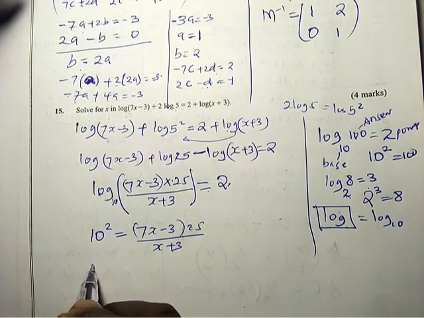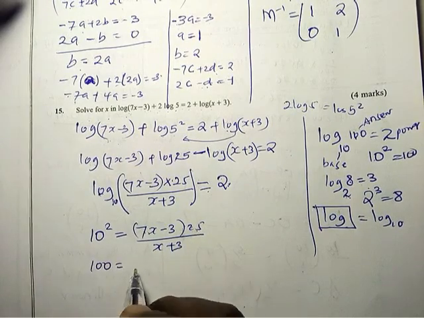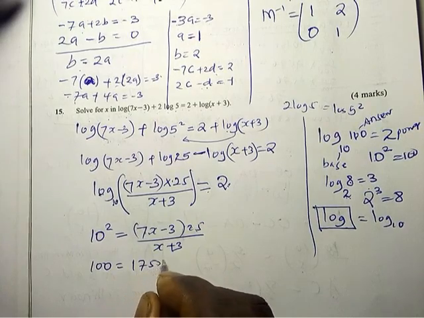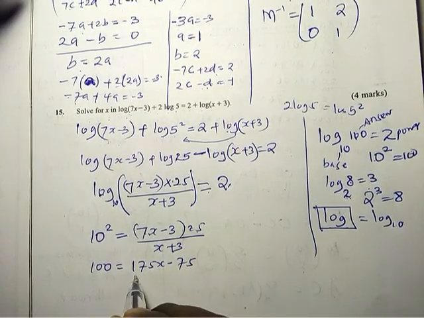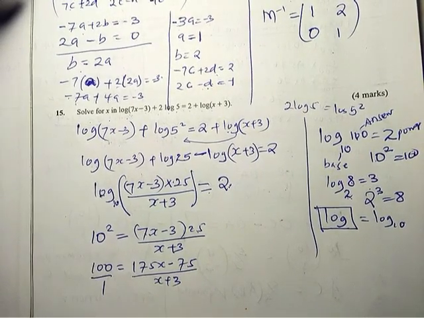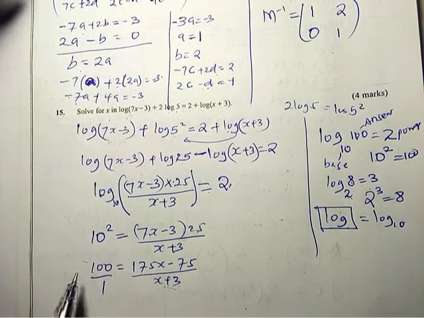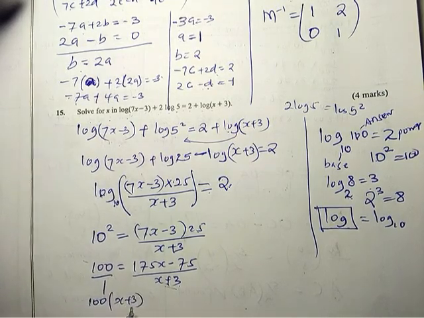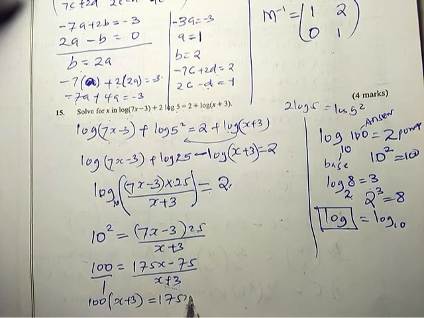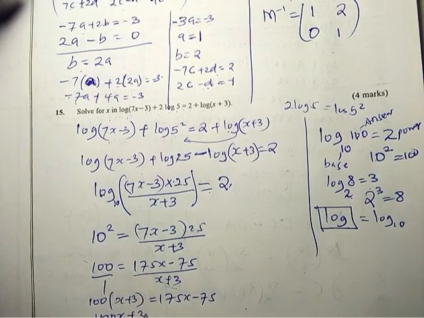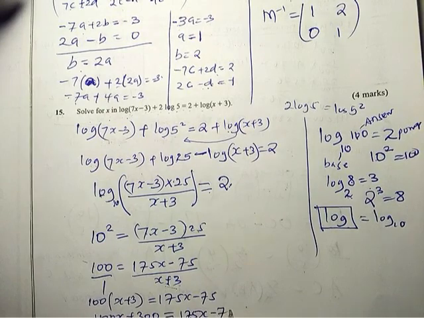Opening this one, we have 100 is equal to 175x minus 75 divided by x plus 3. You put 100 over 1, so we do cross multiplication. So we have 100 into x plus 3 is equal to 175x minus 75. This is 100x plus 300 is equal to 175x minus 75.